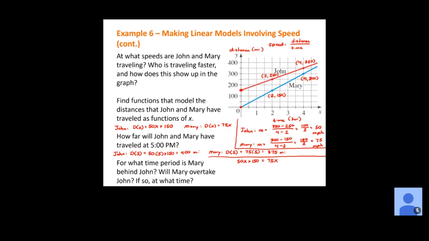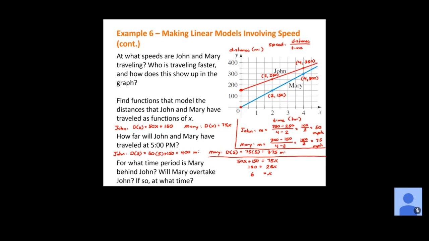So that's basically saying, when is John's distance equal to Mary's distance? Now to get x by itself here, I'm going to subtract the 50x and move it to the other side. So we'll have 150 is equal to 25x. And then we just need to divide both sides by 25. And if we do that, that's going to give us 6 equals x.